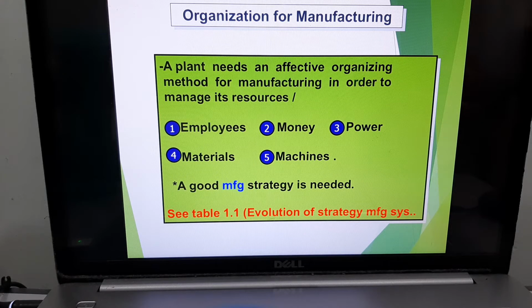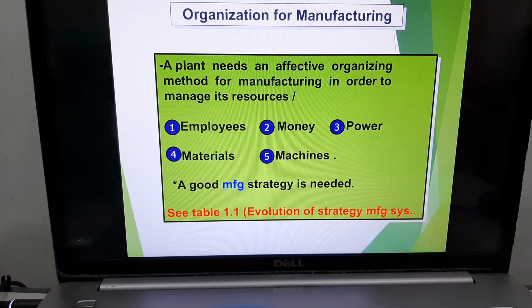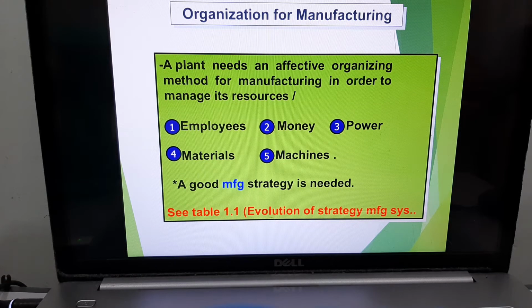Secondly, the second stage is processes. Once you have all your raw materials, all your input, then you need to come up with a design. So what are you going to manufacture? You need a specific design to manufacture, and following that design you come up with a process flow.